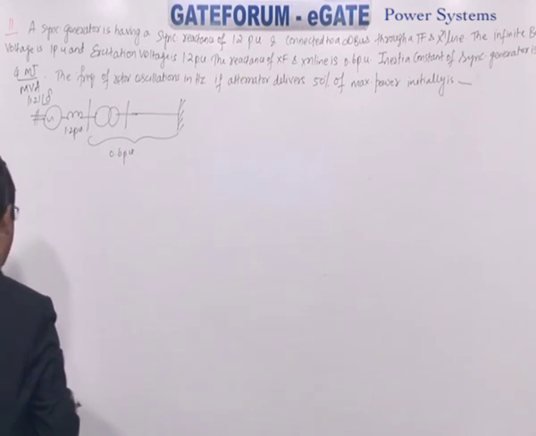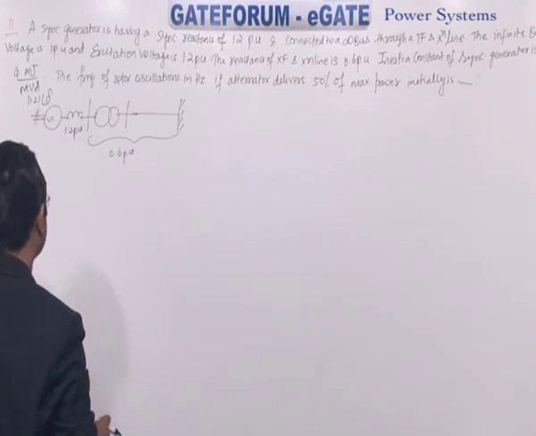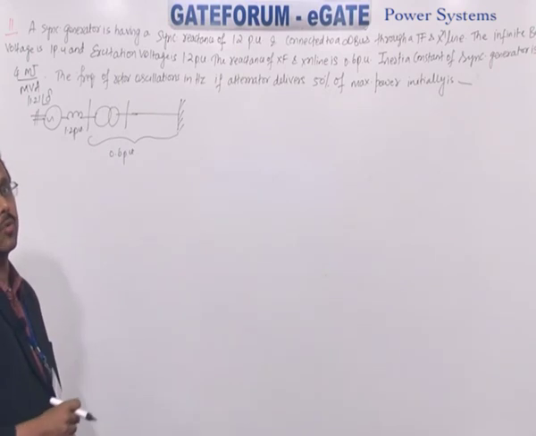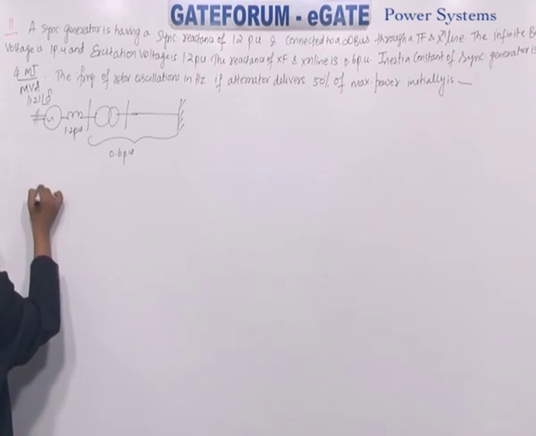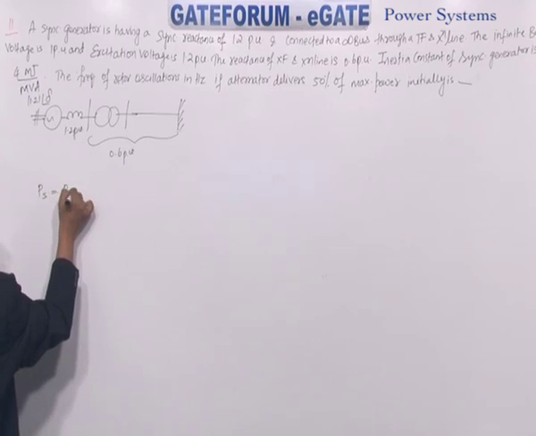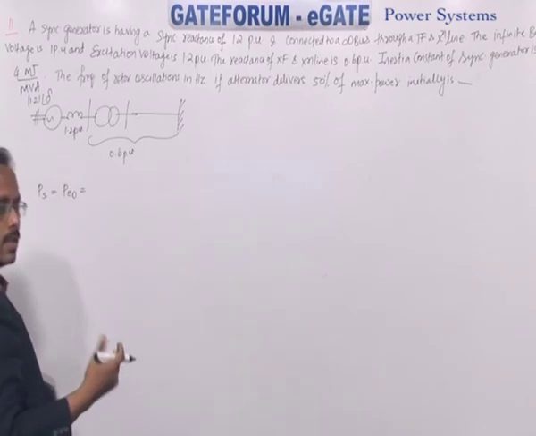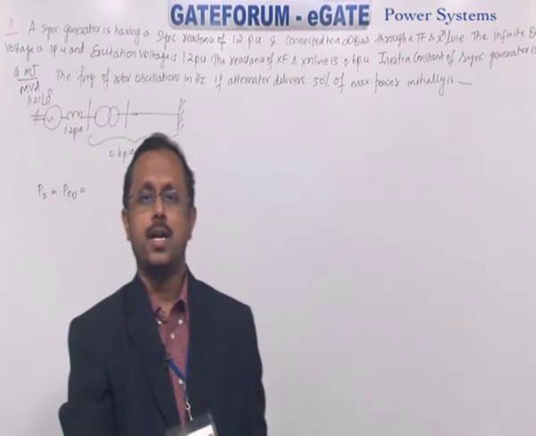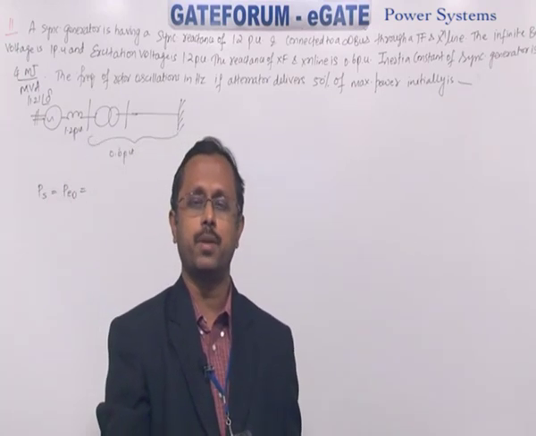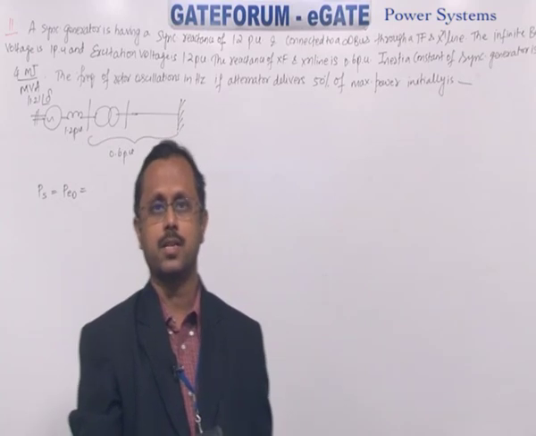Now we have to find out the rotor oscillations. First to find out what is delta naught. How to find? We know initially PS is the same as PE naught. This question is based on our last topic, analysis of steady state stability using swing equation.